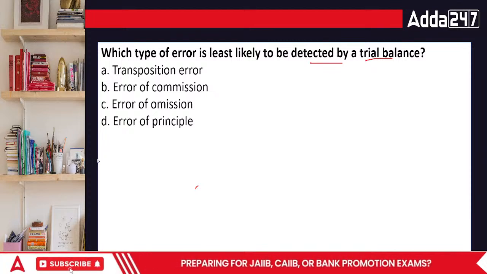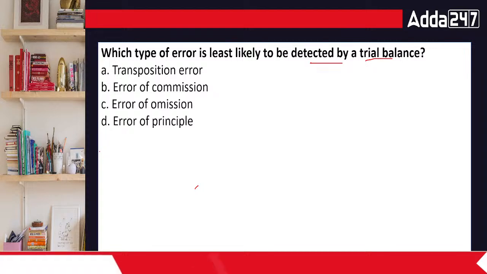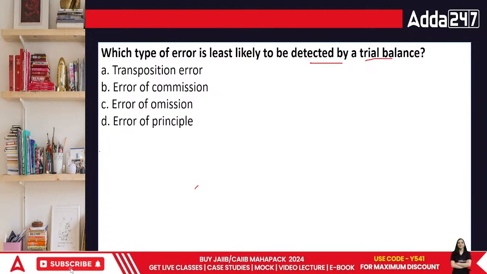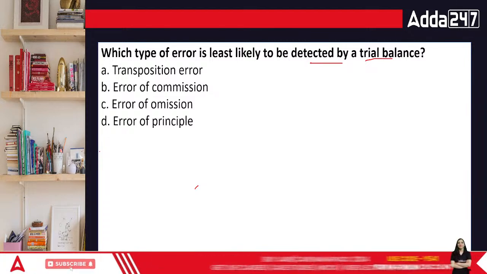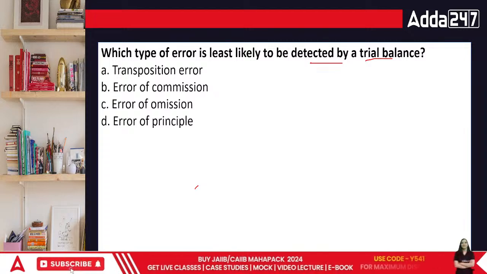If your journal has a problem, whatever you put afterwards, nothing will make a difference. If your journal is wrong, your ledger is definitely wrong, your trial balance is also wrong, even your balance sheet is wrong. That means in the continuation format, everything goes down the drain. So it is very, very important that your origin, that is your journal, is correct. Otherwise, this kind of error cannot be traced by the trial balance at all. Okay?